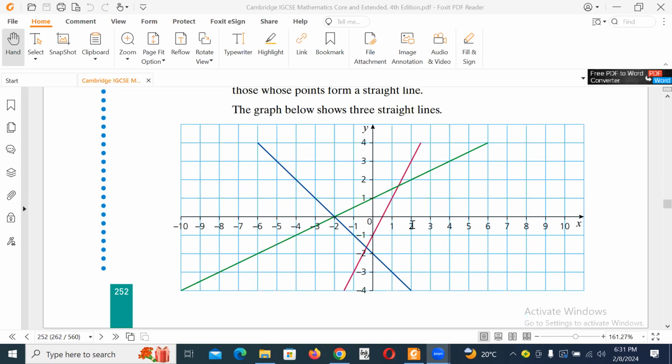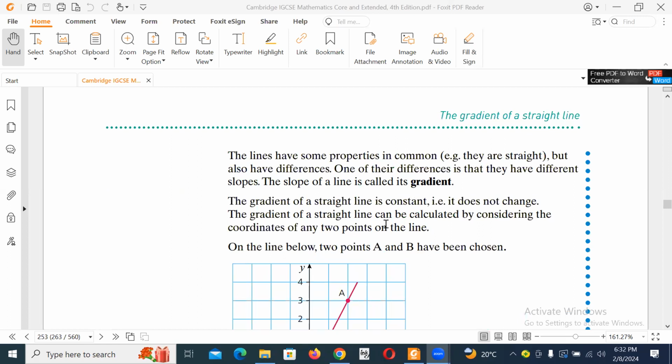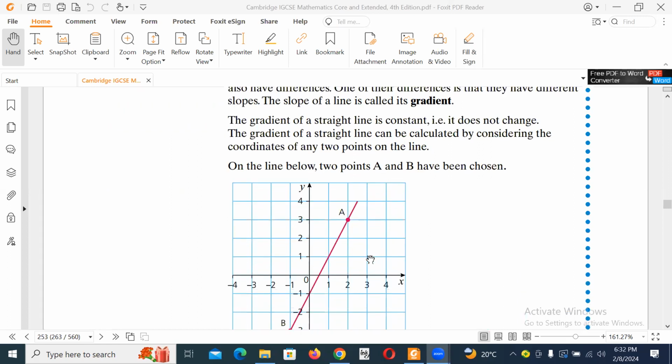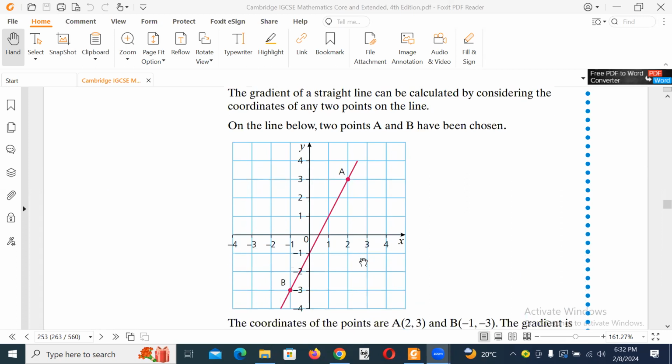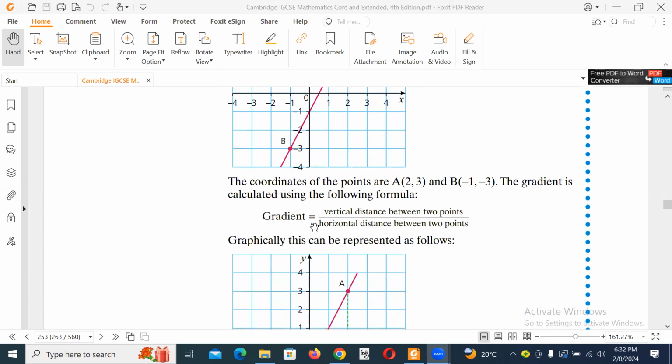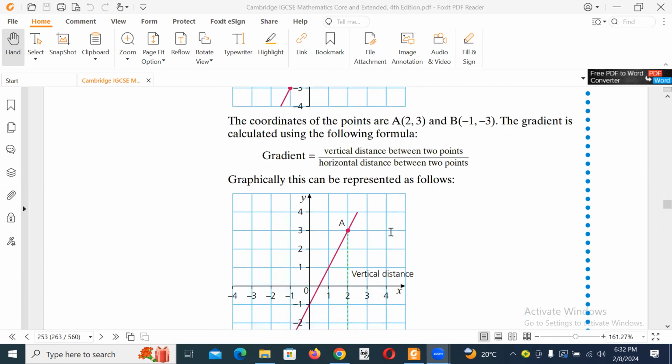So basically gradient or slope is equal to the vertical distance along the y coordinate divided by the horizontal distance along the x coordinate. Here you can see one formula: gradient equals the vertical distance between 2 points over the horizontal distance between 2 points.